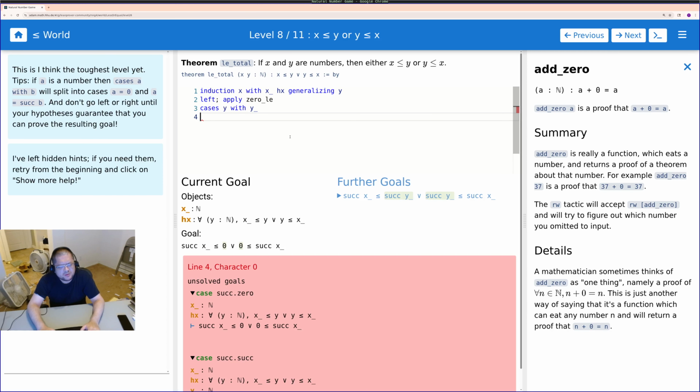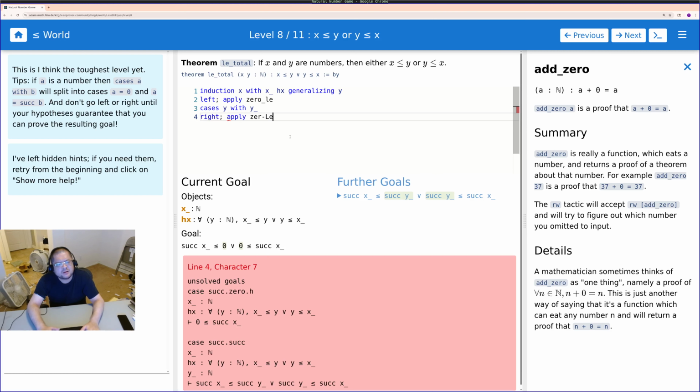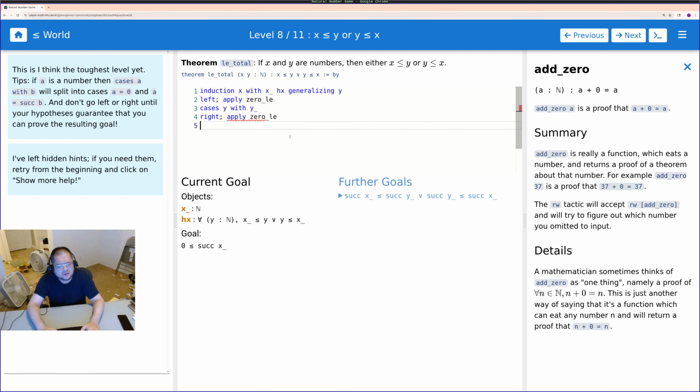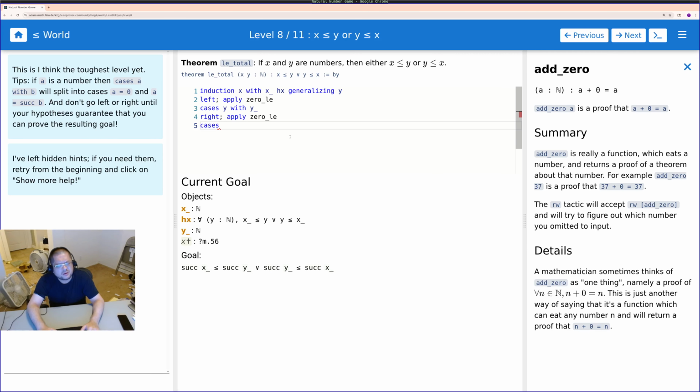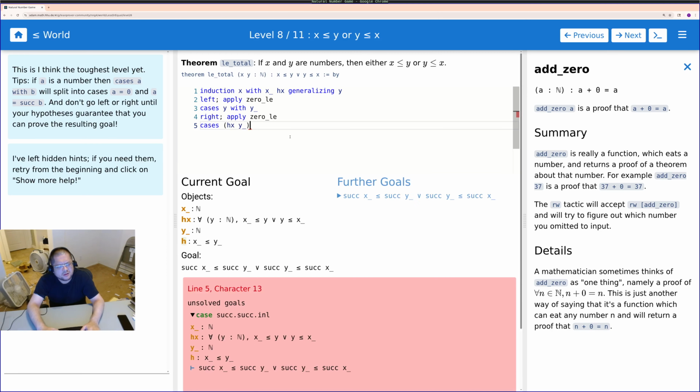So fly 0, or we'll go right. In this case, we're going to go left.